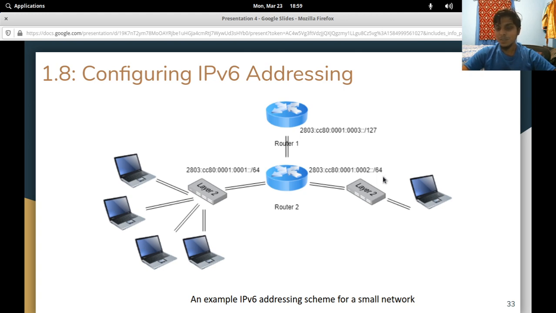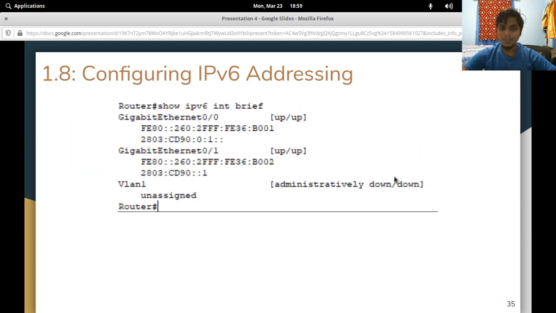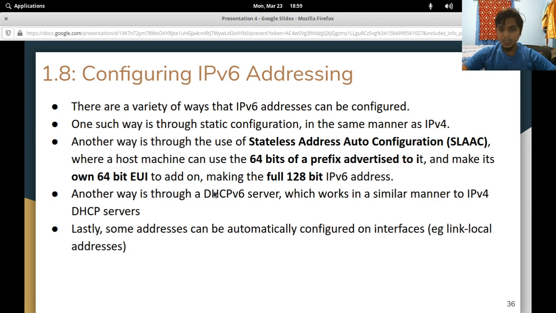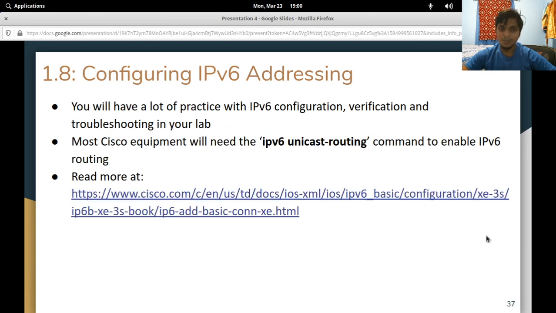To make the last 64 bits to get your full IPv6 address, which is 128 bits, you create your own EUI, your own end user identifier. And using that, it makes up its full 128 bits. And then of course you have the DHCP, which is the same thing as in IPv4, where the server just kind of hands you an address. And then you have some addresses that are just automatically configured, like your link local addresses.